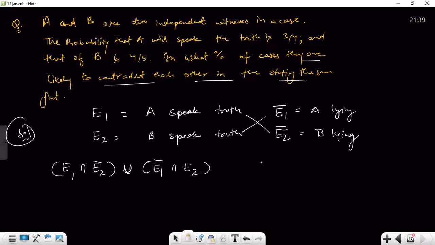So what can happen more is E1 bar and E2 bar happening simultaneously. How should I write it?